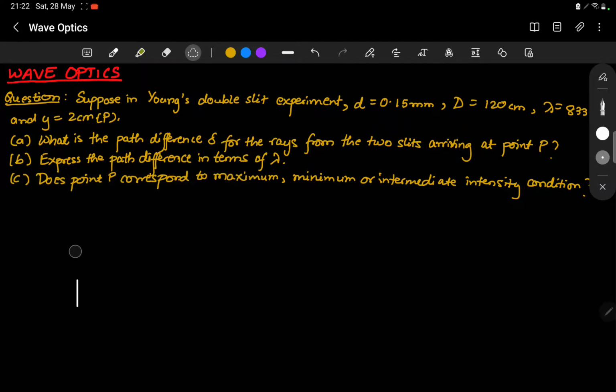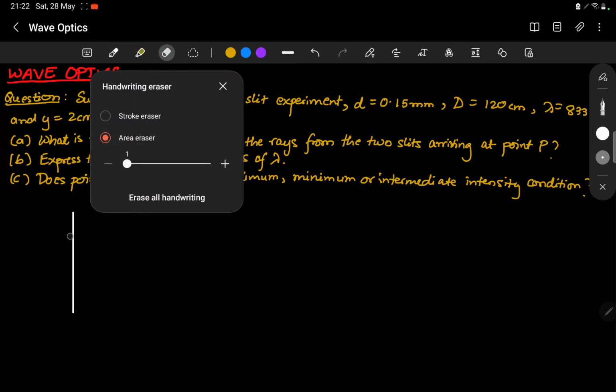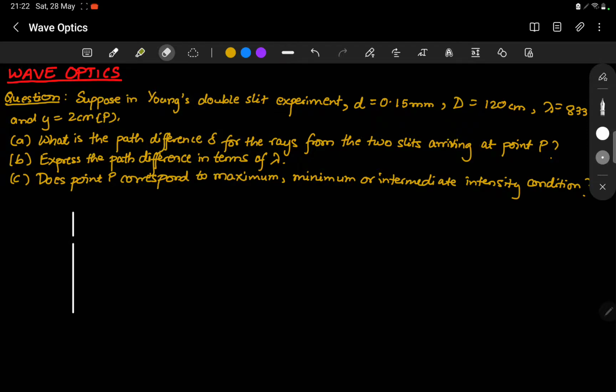Maybe I need to redraw it. So we have two slits.